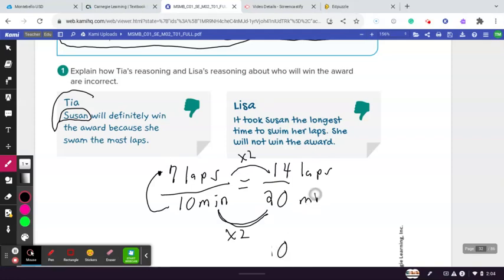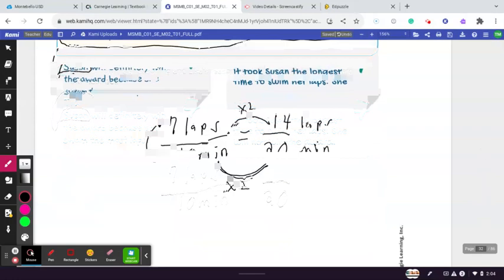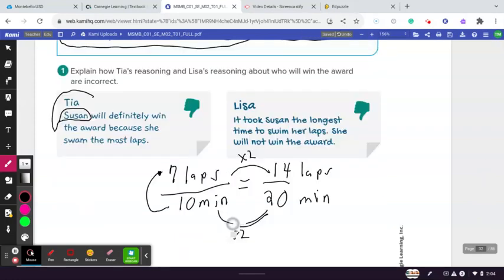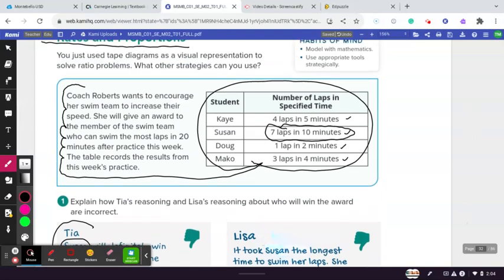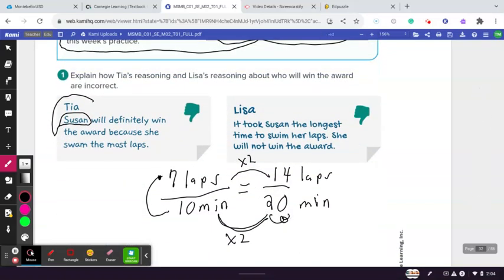So 14 laps, 20 minutes. That would be what you would predict for her based on that swimming time that she got. And you'd be able to do that to these other numbers as well. So for this one, you would put 4 over 5 and compare that to a 20-minute time like we did here.